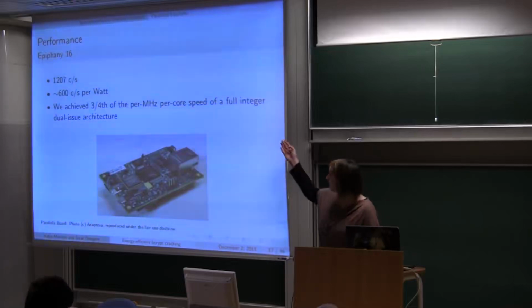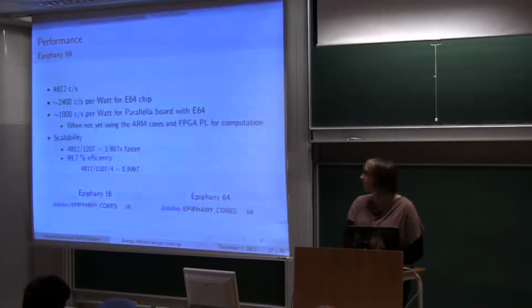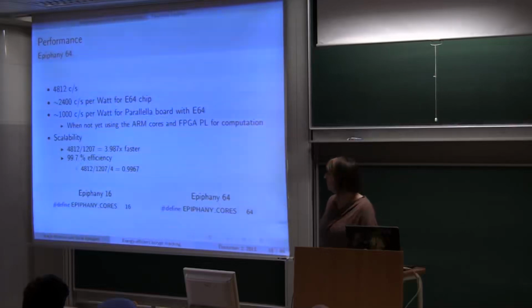Nevertheless, we achieved very good performance when compared to a full integer dual issue architecture. On Epiphany 64, the performance is almost 4 times bigger than on Epiphany 16. So we have excellent scalability with 99.7% efficiency.